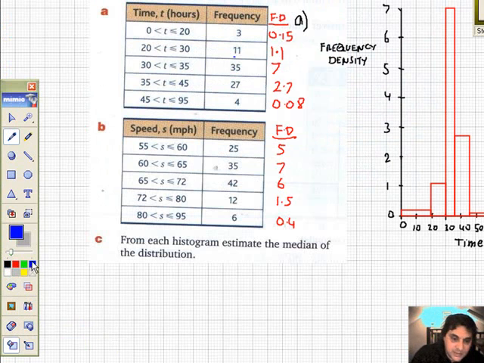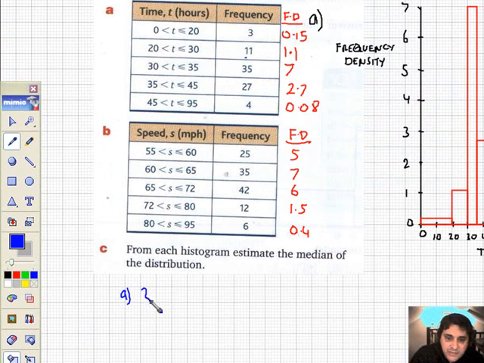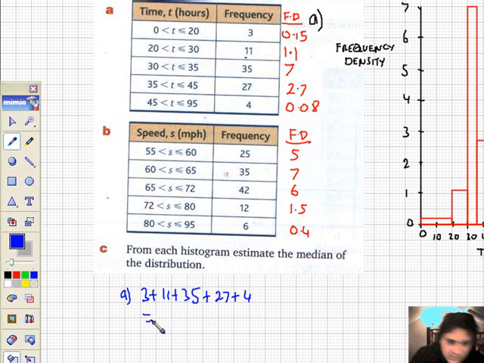So looking at A, if I add all this up it comes to 80, I believe. Let's check it. 3 plus 11, 35 plus 27 plus 4, that should come to 80. 14 plus 35 plus 27 plus the 4, yeah, we've got 80.